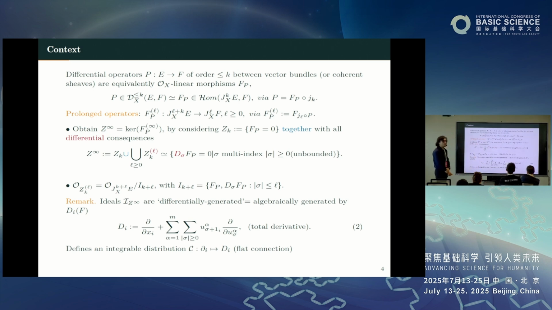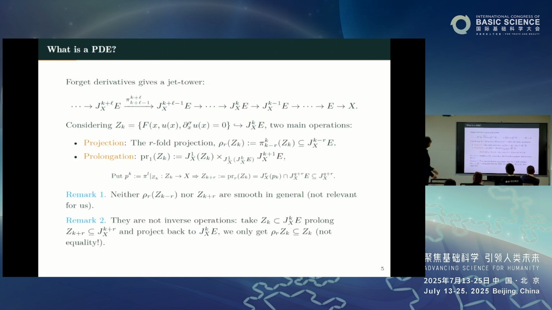So in coordinates, if you are someone from the community of PDE, these are written in terms of partial derivatives with respect to the independent base variables and derivatives on the fiber. Okay, so this defines some kind of integrable distribution. And these are the total derivatives that we have. Okay, so this is the description.